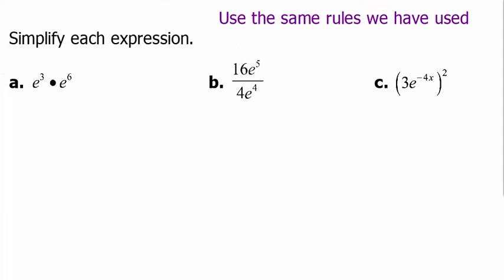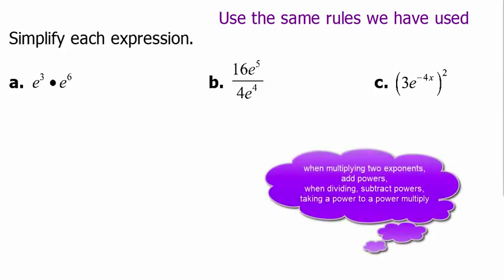e is a base, so we are going to treat it like a base, and we're going to use the exact same rules that we have used when we are multiplying exponents. We add the powers. When we are dividing exponents, we can divide the numbers in front. With the exponent, what we do is subtract the powers.